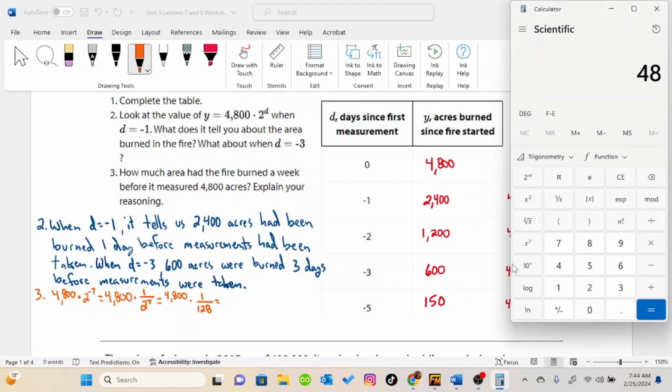So if I said 4,800 divided by 128, we get 37.5.